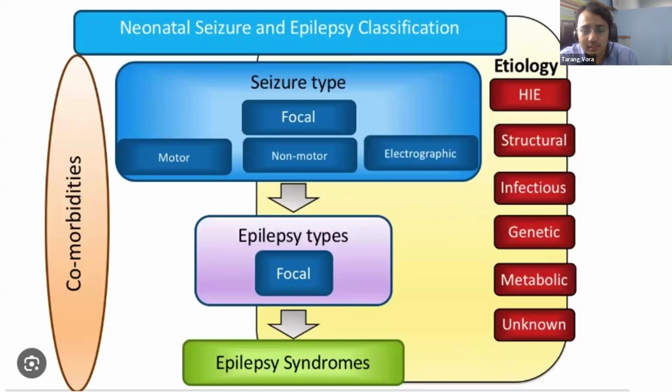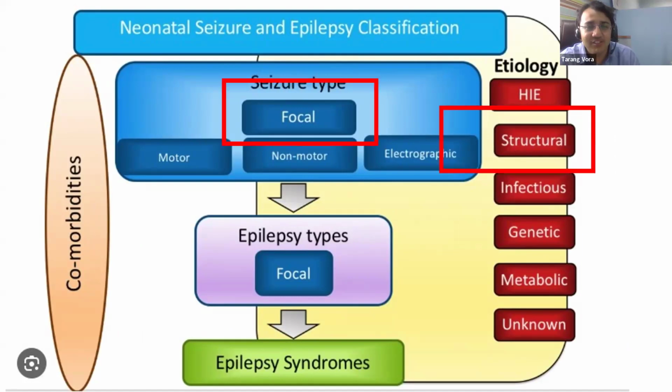The point about seizures is that when we are talking from a surgeon's perspective and not from a neurologist's perspective, we're looking at only two types: a patient having a focal seizure, and something that is structural in nature, which is not related to some perinatal insult or infection or genetic or a metabolic thing.